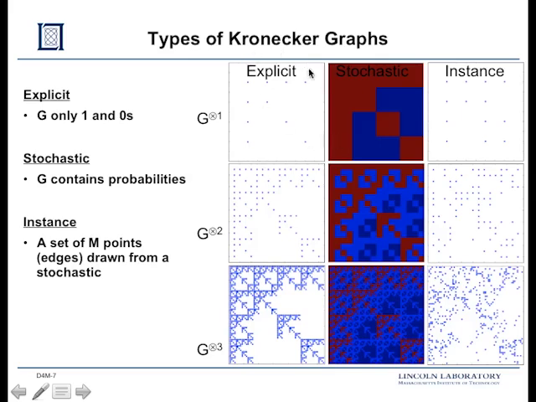That's G1. Then I Kronecker product again, G2 and G3, and I get these different structure 0, 1 matrices. It's only zeros and ones, so the structure and the connections are very obvious. This is actually useful for doing theory. You can do a fair amount of theory on the structure of graphs using these 0, 1 matrices.